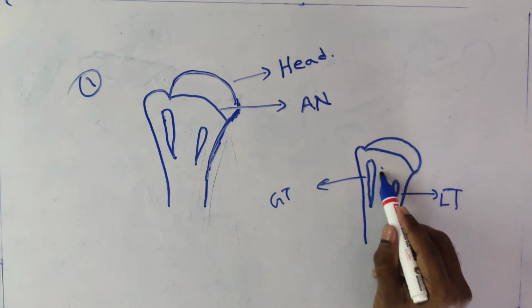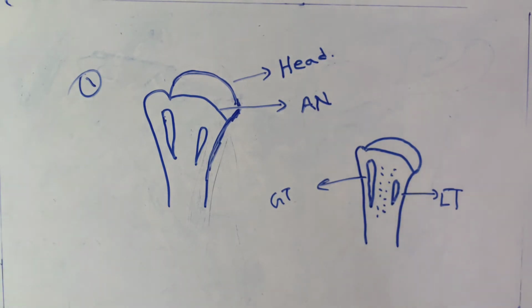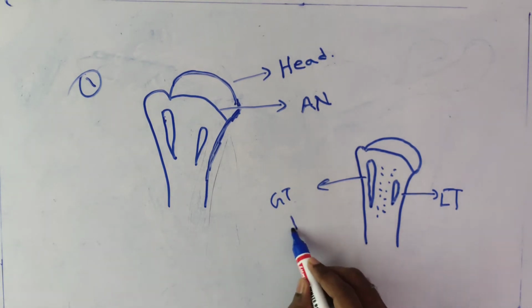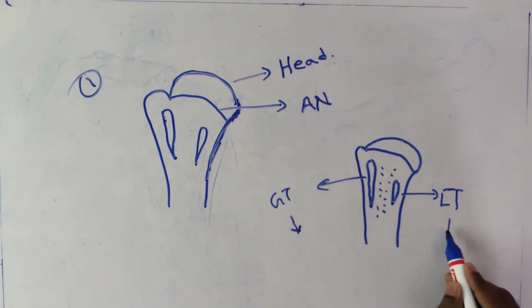Then write the matter of the greater tubercle and lesser tubercle. It is located at the lateral side. It can be seen clearly on the anterior side, and so on.